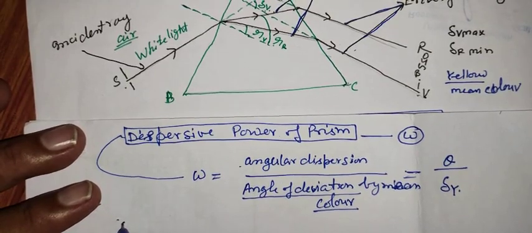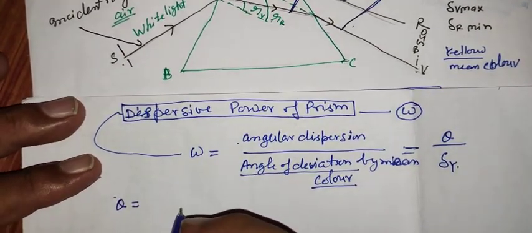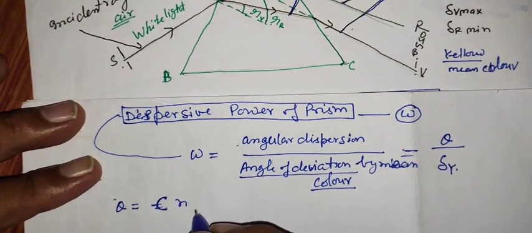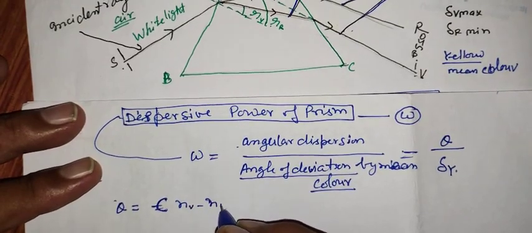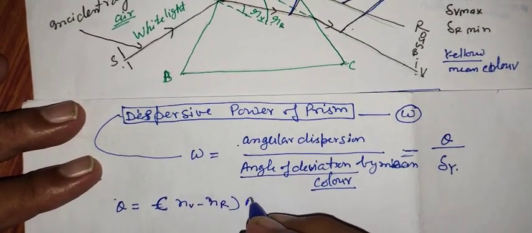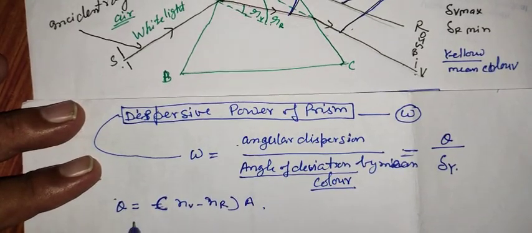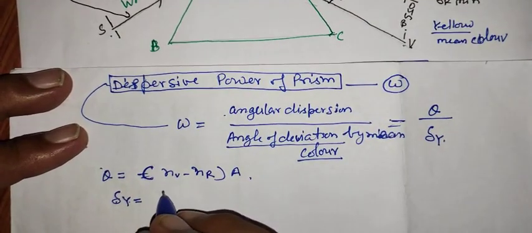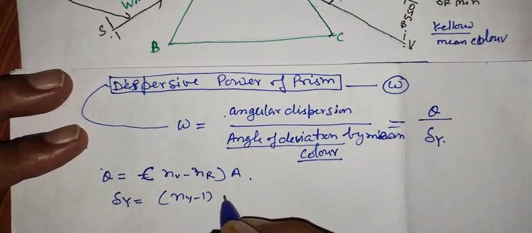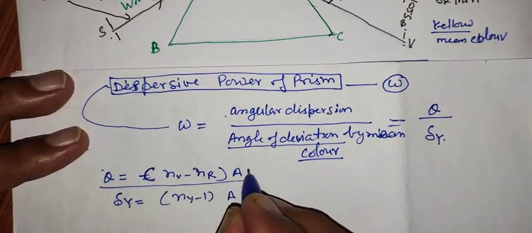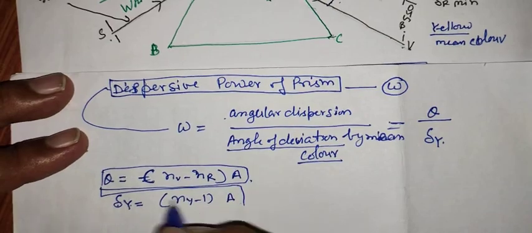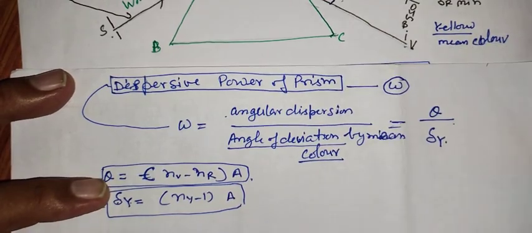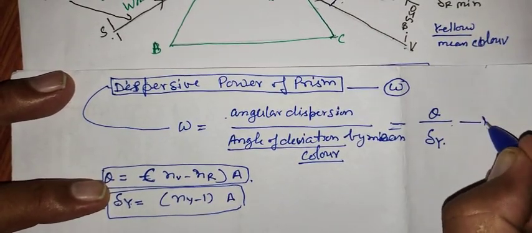Since in equation 4 we have obtained angular dispersion of end colors as NV minus NR into angle of prism, and angle of deviation for mean color yellow, delta Y, is equal to NY minus 1 into A. Putting both values, we can represent this by equation 5.